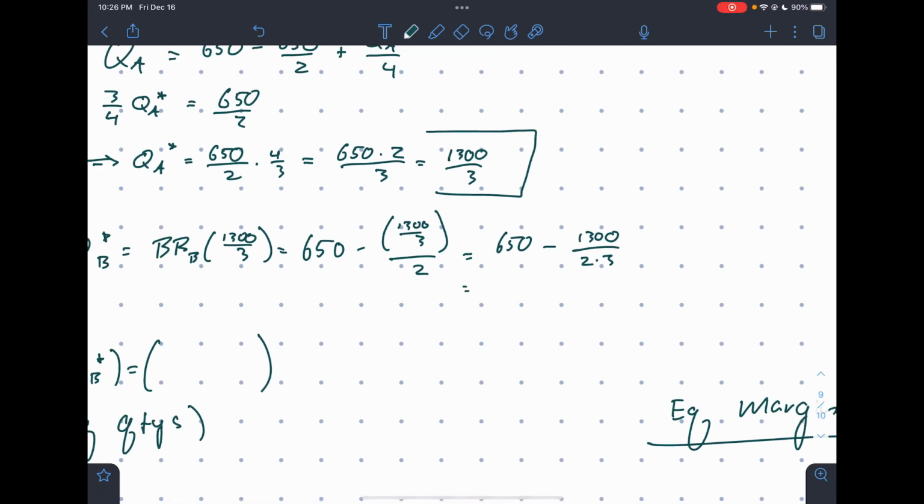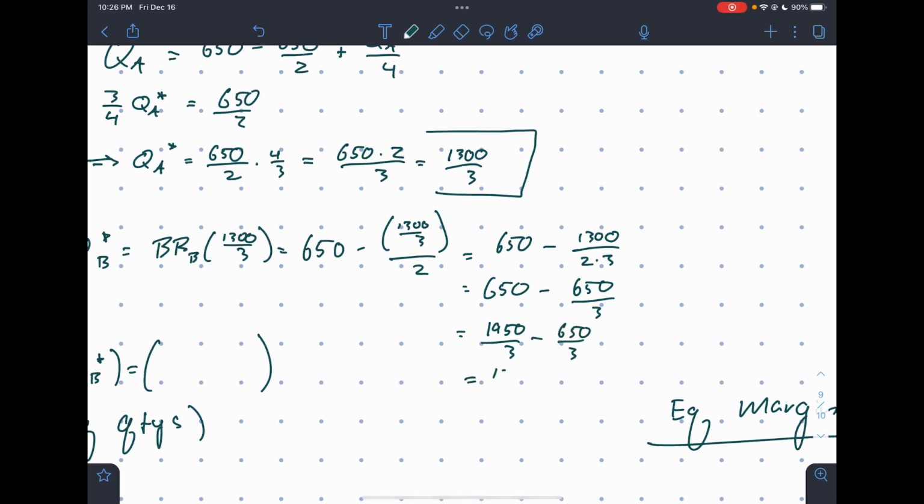I can rewrite this as 650 minus, so 1300 divided by 2 is going to be 650, divided by 3. So this ends up being 3 times 650, just to find a common denominator. This is 1950 over 3 minus 650 over 3.